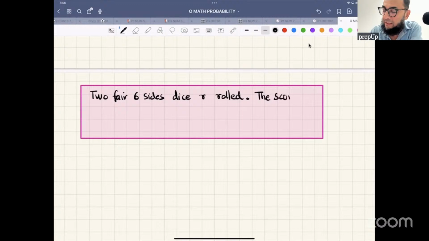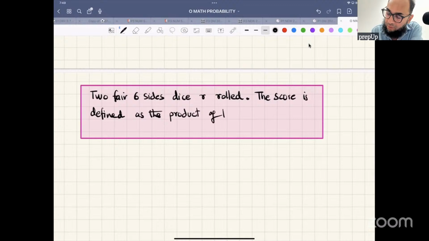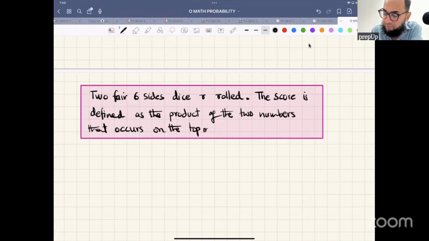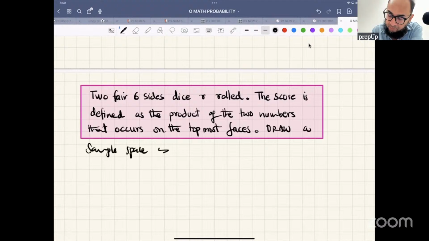The score is defined as the product of the two numbers that occur on the topmost faces. Draw a sample space diagram and hence list all the probabilities.